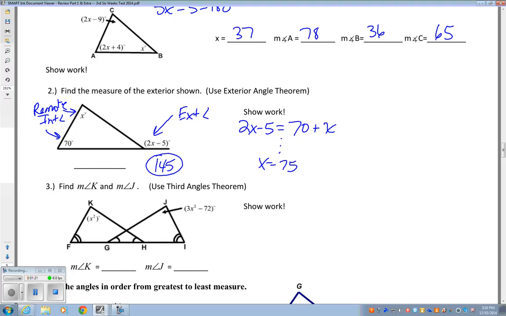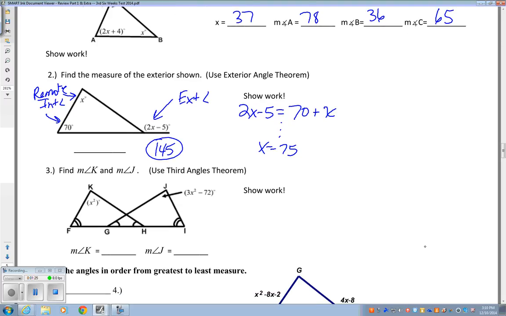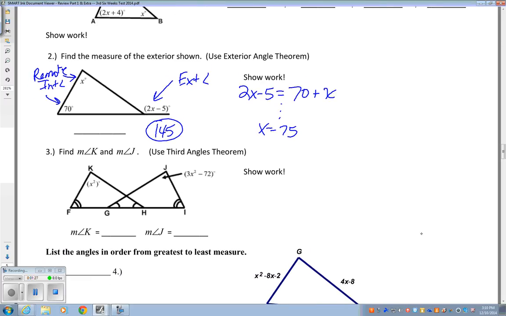Correct it. Make sure you have the correct steps. You will see an exterior angle. All right. Kosi, did you set up the third one? Yeah, third one. What'd you write? Yeah, 3x squared minus 72 equals x squared.